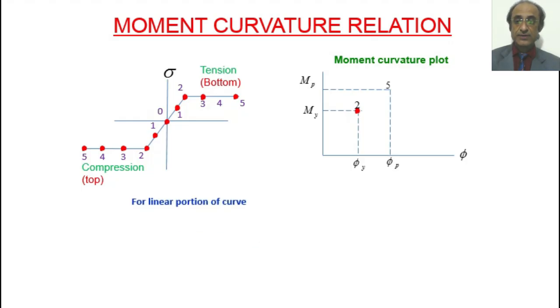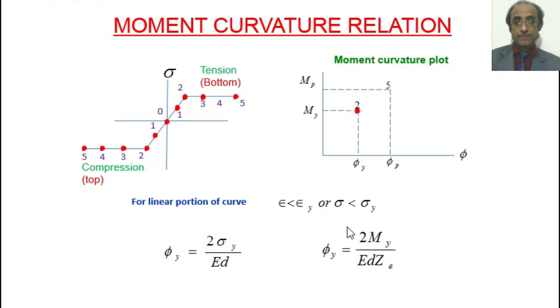So for that particular case, for the linear portion of the stress versus strain curve, we can obtain a relationship between the moment and curvature very easily, because we have already defined the value of the curvature. So making use of the yield condition, the curvature at the yield point is basically given by this expression, and now making use of the relationship between yield stress and the yield moment, we can derive this relation.